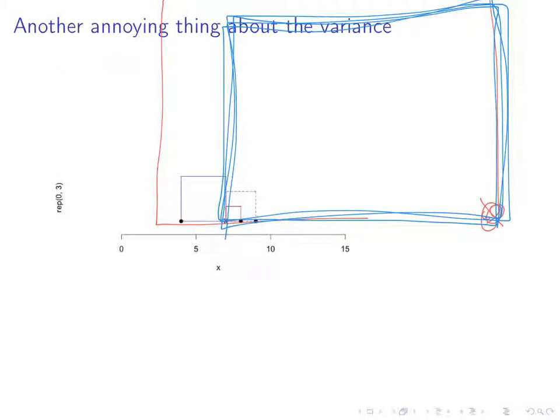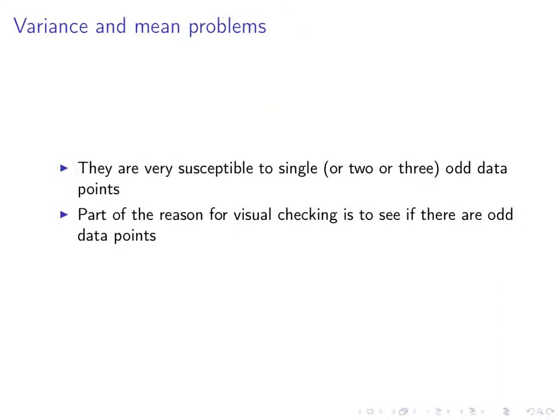So again, when using the mean and when using the variance, we have to be very careful that we've looked to see what our data set contains. So, just a caveat with using the variance and the mean: they are very susceptible to odd data points, and sometimes we call those data points outliers, if you like using jargon.